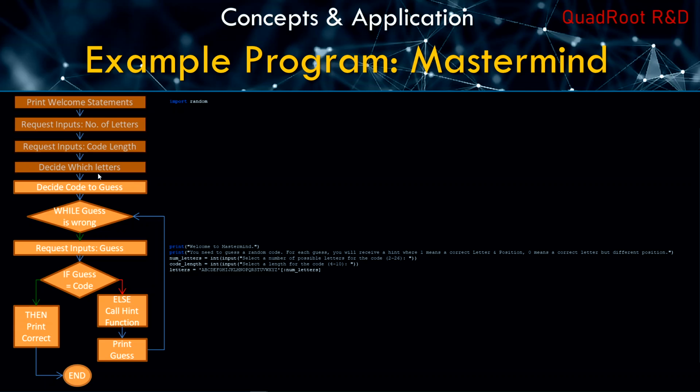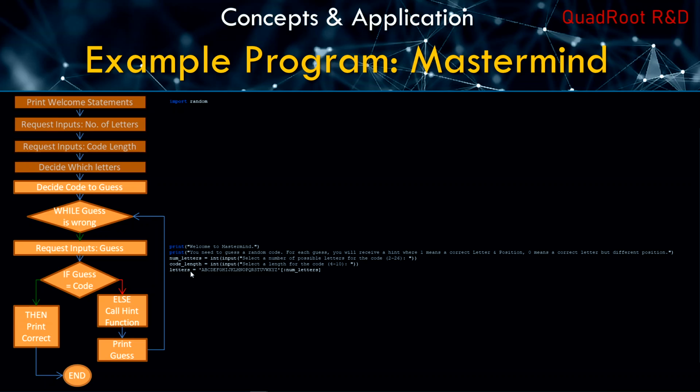And so then we decide which letters to use, and we'll use num letters for doing that since we've asked the user how many letters. If it's 2, then we'll take the first 2. And we'll do that using the left function in Python, and that uses the array methods.